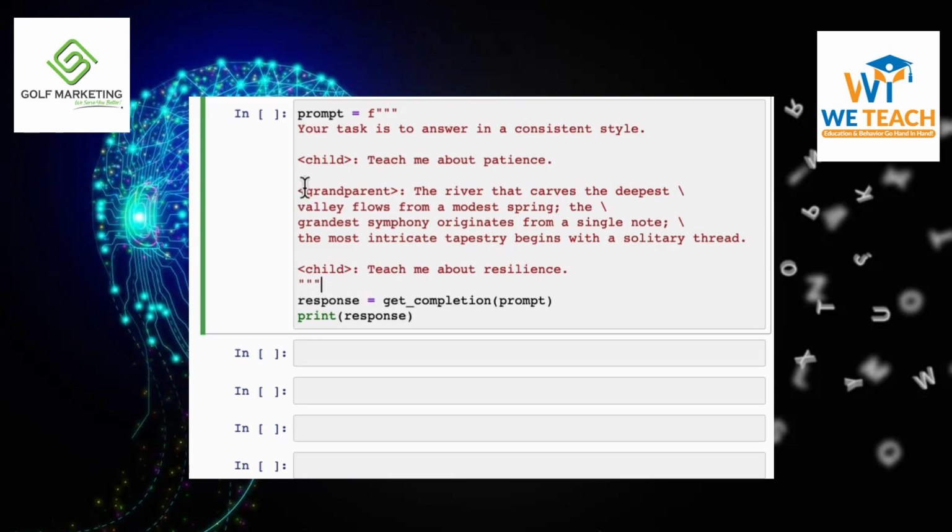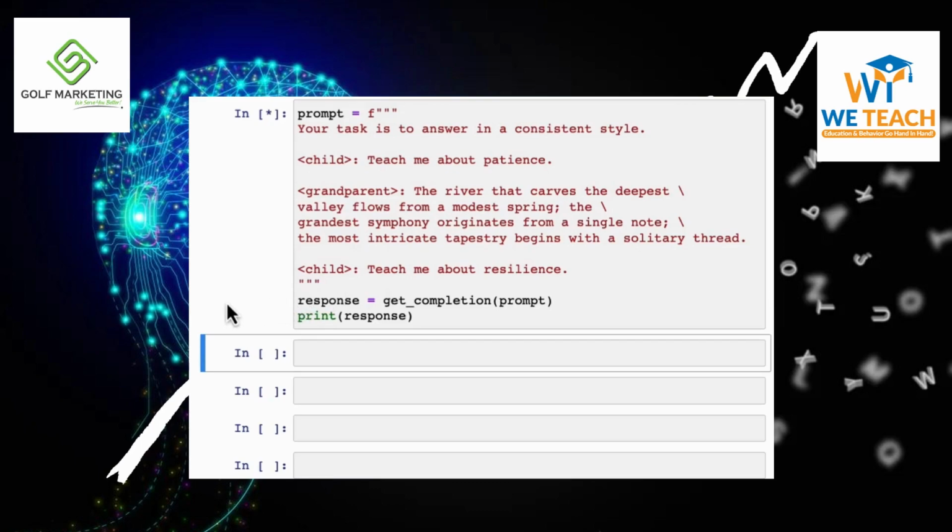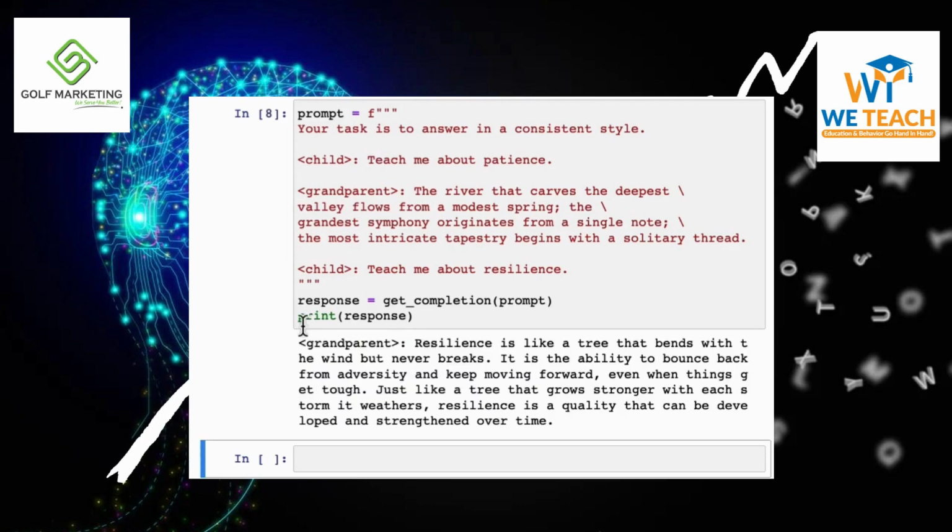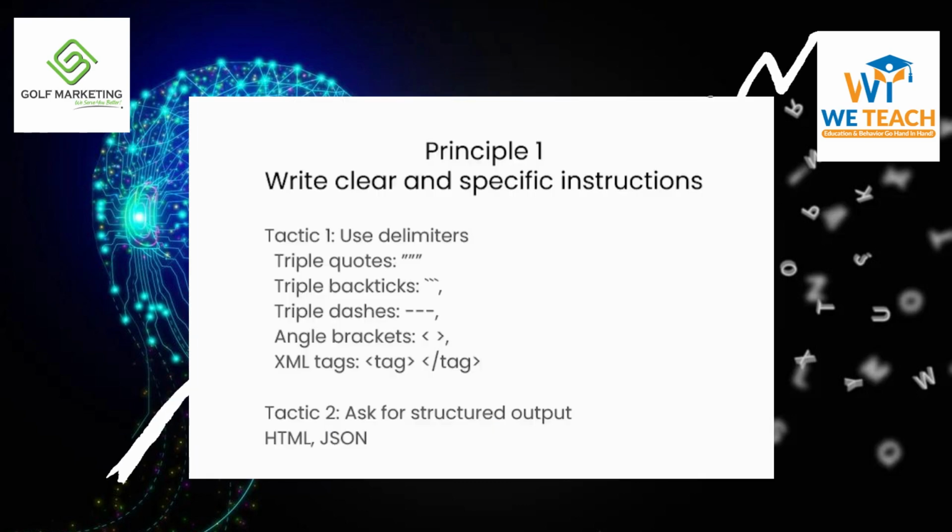And since the model has this few-shot example, it will respond in a similar tone to this next instruction. And so resilience is like a tree that bends with the wind but never breaks, and so on. So those are our 4 tactics for our first principle, which is to give the model clear and specific instructions.